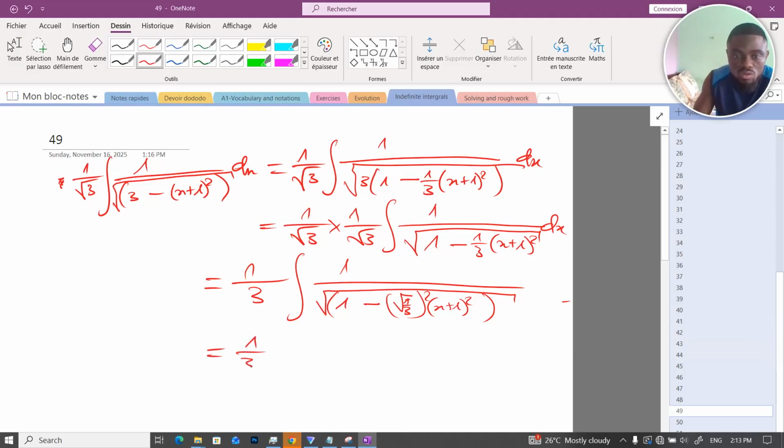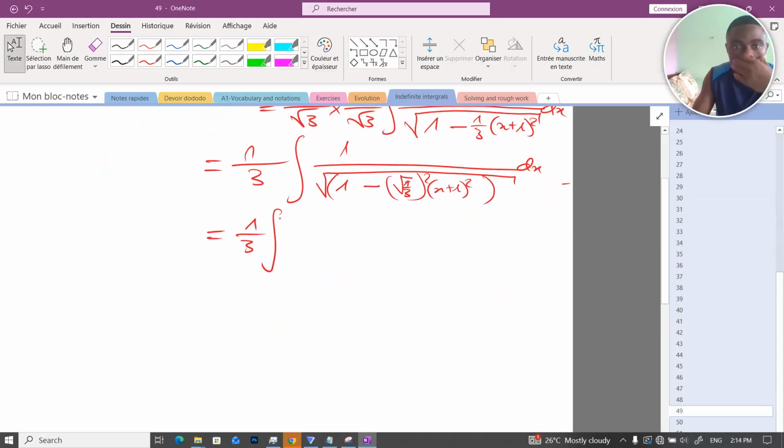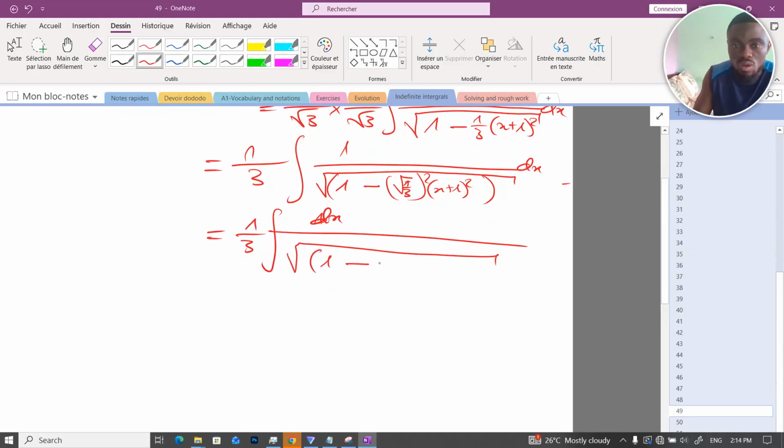So this is 1 over 3 integral of, let me write my dx here, 1 dx all over the square root of 1 minus, so I will have here (x plus 1) times what?